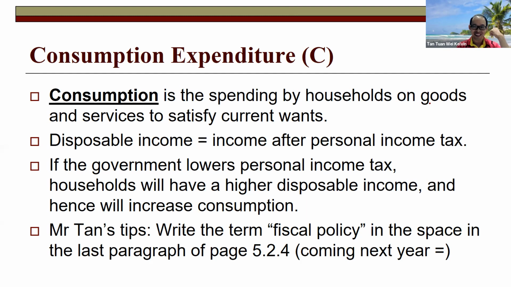Just write it on the left. I realize this set of notes has the term monetary policy, but they don't have the term fiscal policy. The spelling is there. This is one of the main policies that the government uses in order to manipulate the aggregate demand curve. Fiscal policy.